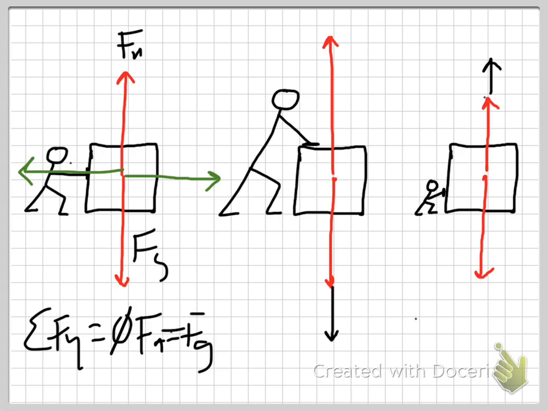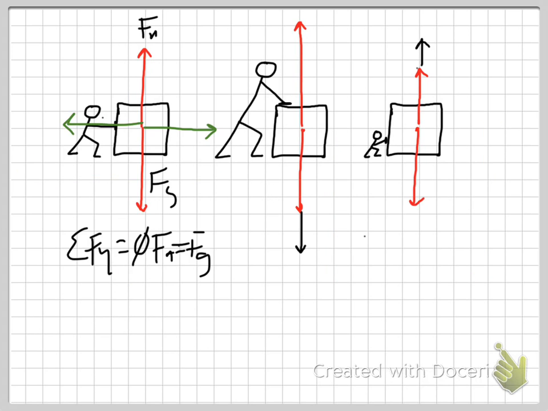In the case of that second person, when we do sum of forces here, sum of forces on the y is still equal to 0. The box still isn't lifting into the air spontaneously, but we now have an applied force from that person that's partially down.